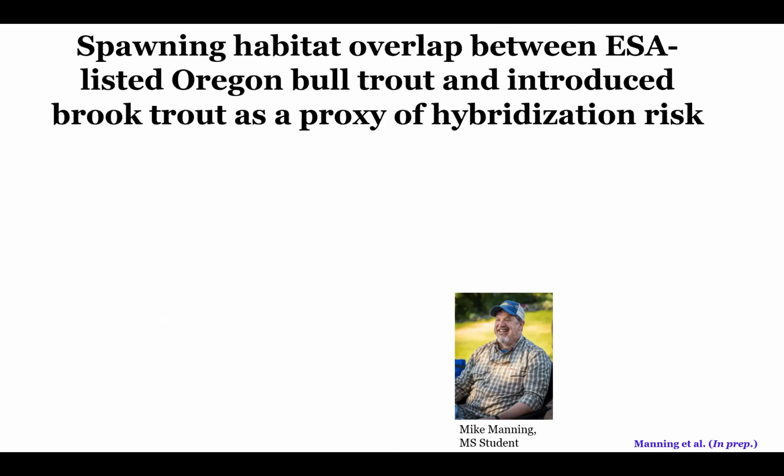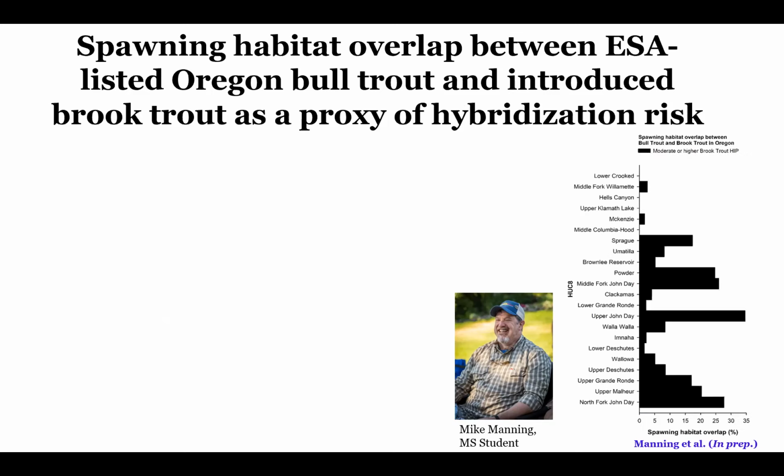And this is work being conducted by Mike Manning and will probably soon be ready for submission. So basically what we do is we see the overlap in habitat between native and introduced species, and we can use different hydrological unit levels. We can decide how confident we are in different places, and we see the habitat overlap between the two species.